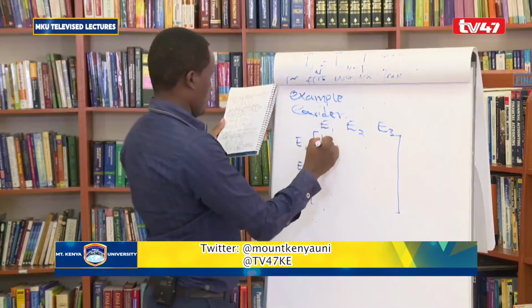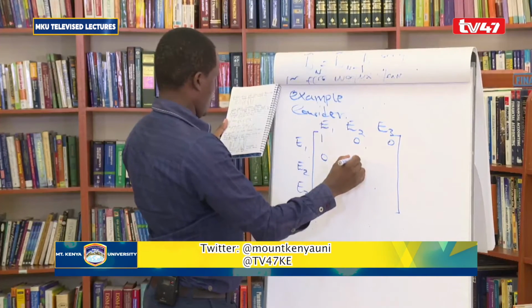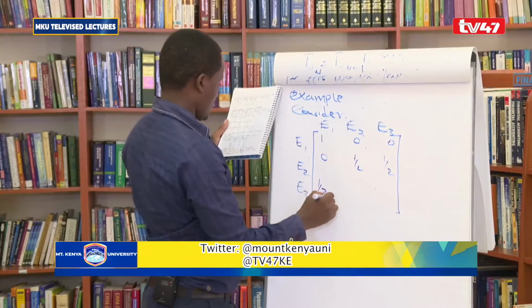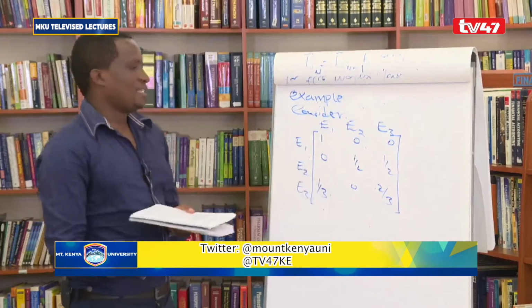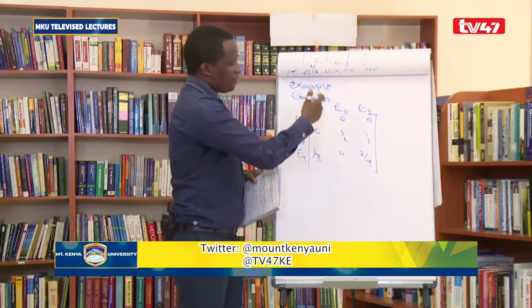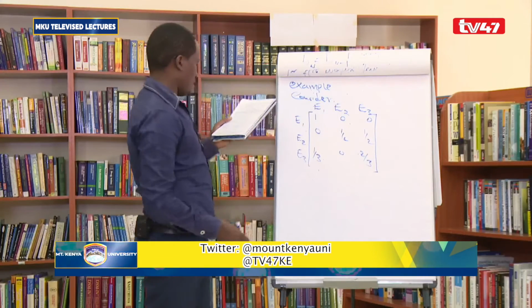We have 1, 0, 0; 0, a half, a half; then we have a third, 0, 2 thirds. This is a stochastic matrix, but it's not a double stochastic matrix because the columns are not adding up to 1, but the rows are adding up to 1.